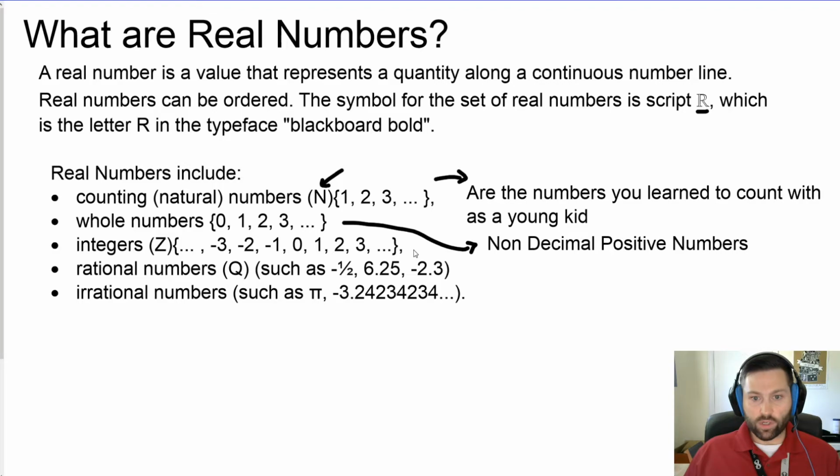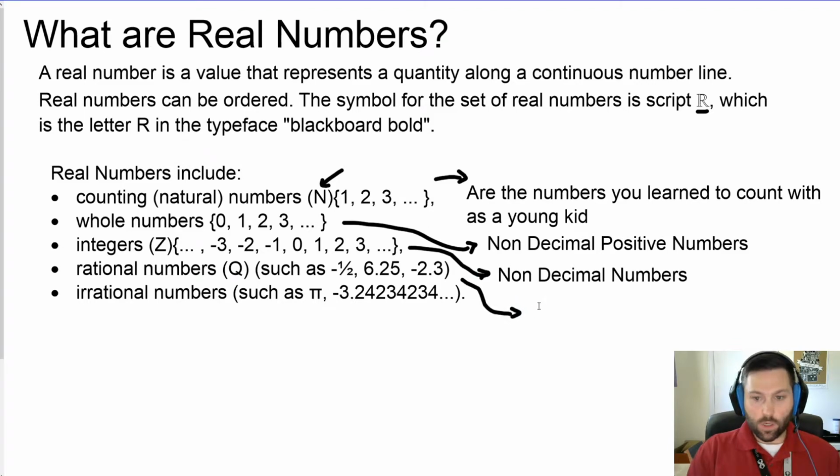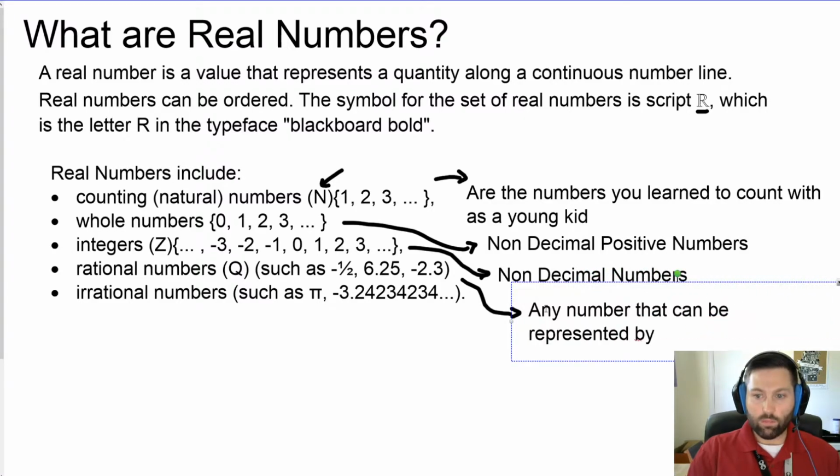Integers are non-decimal numbers, so it's any of the non-decimals. It can be positive or negative. Rational numbers are any number that can be represented by a fraction.